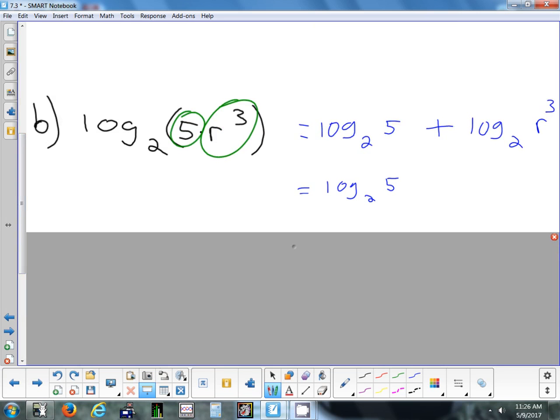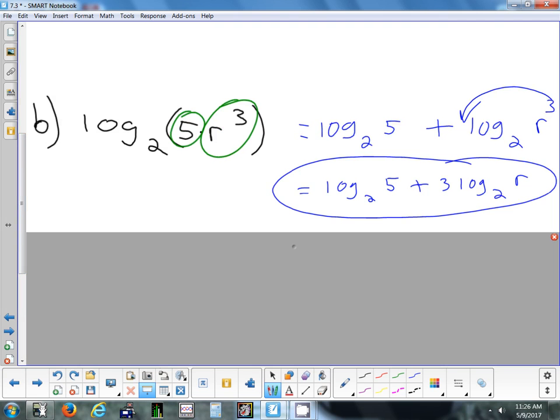To the front of the whole thing? No, just to the front of its own log. So plus 3 log base 2 of R. That's the answer. So if this was a multiple choice question on the test, and you stopped at the step above it, I would mark that wrong. You didn't completely follow the directions by moving exponents in front. So just don't forget to move exponents in front. That's the same directions you'll see on the test.